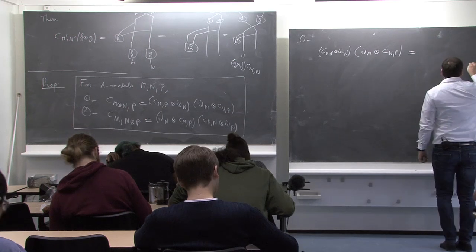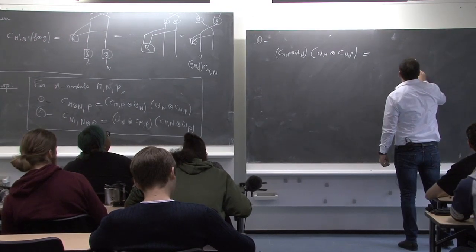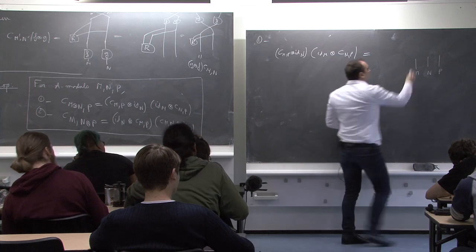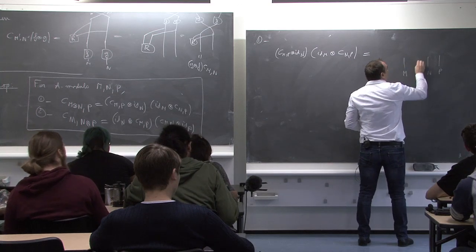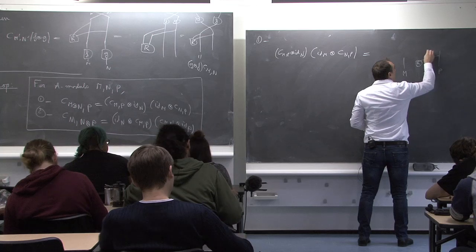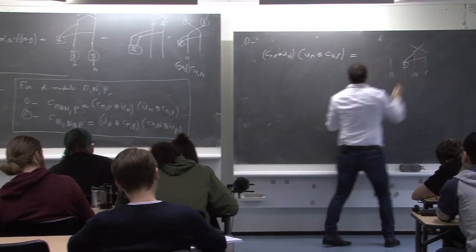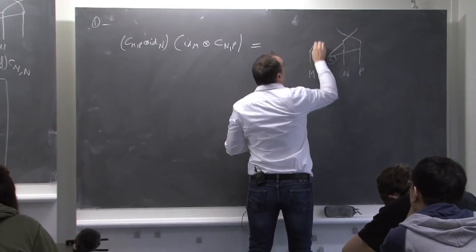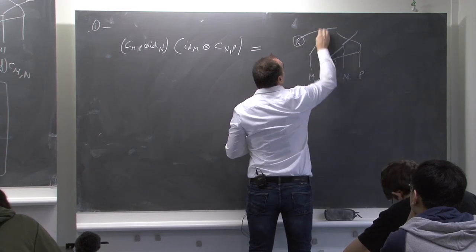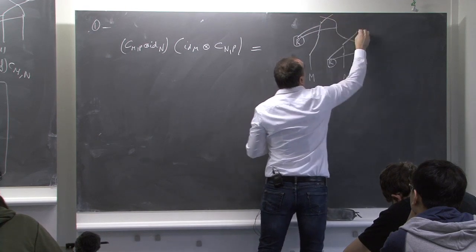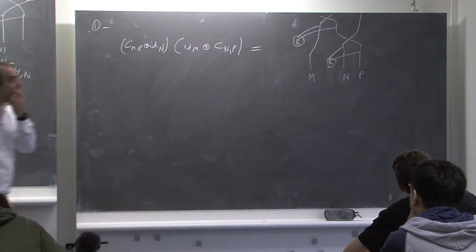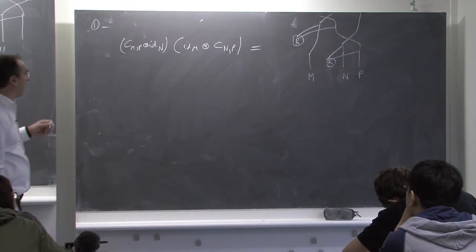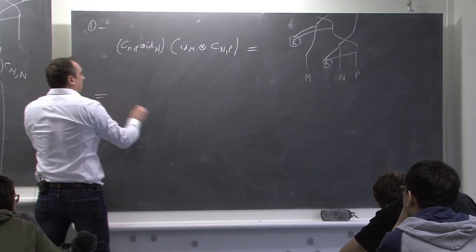I start with M and P. I first use R here, then the flip, and then I flip M and P. So I have R, and then I flip. Okay, this is this one. Now I can rewrite it like this.